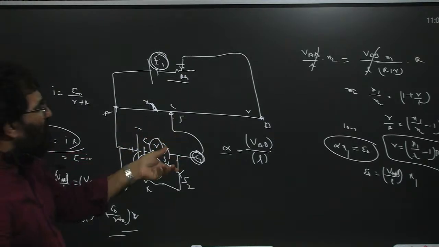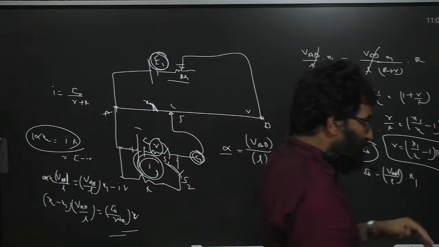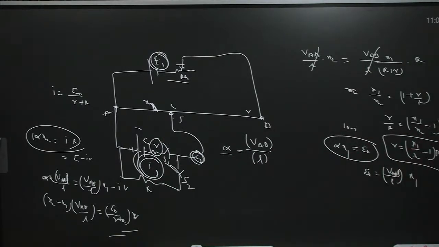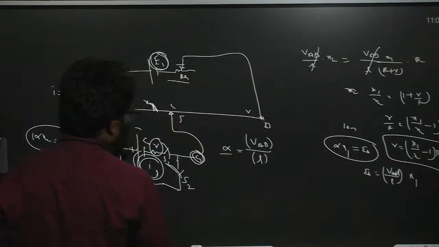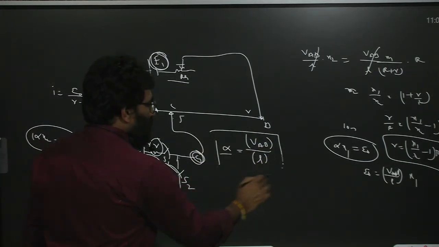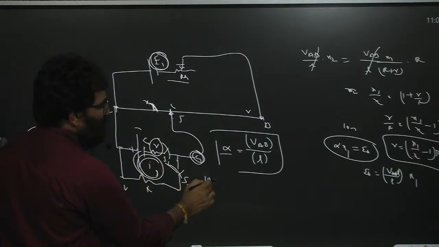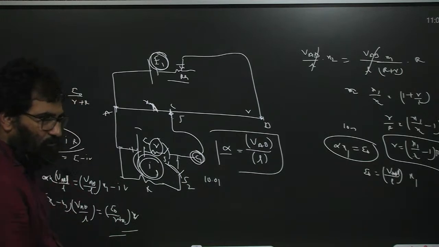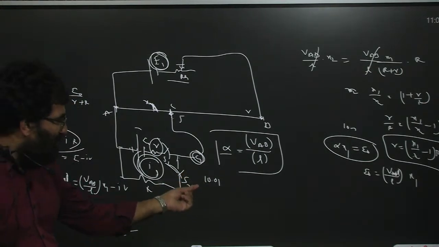A potentiometer wire is used to compare the unknown EMF of cells, to find the unknown EMF of the cells, and to find the internal resistance of the unknown EMF cell. To increase the sensitivity of the potentiometer wire, this is very important. Nearly at 10.01, just I can keep at 9.9, but exactly we cannot keep.